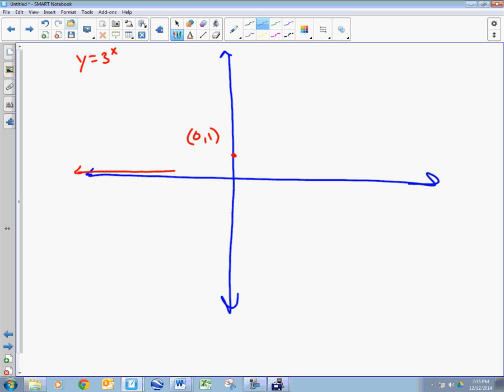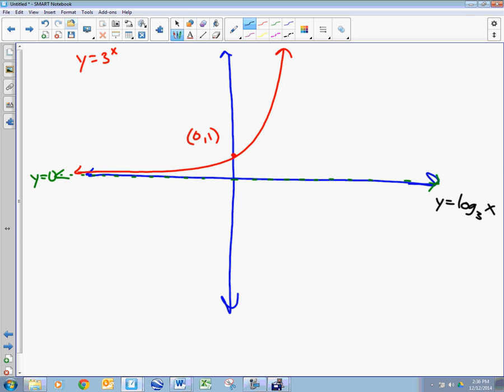And it had a horizontal asymptote of y is equal to 0. Everybody agree? And I told you that there is a relationship between y equals 3 to the x and the other graph, y equals log base 3 of x.